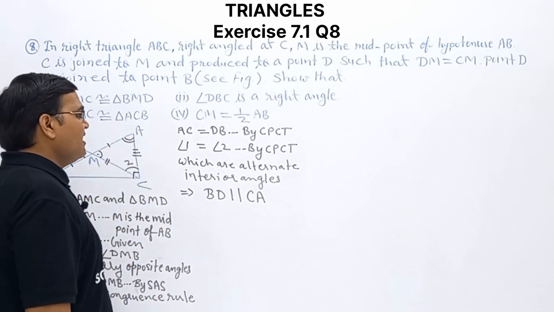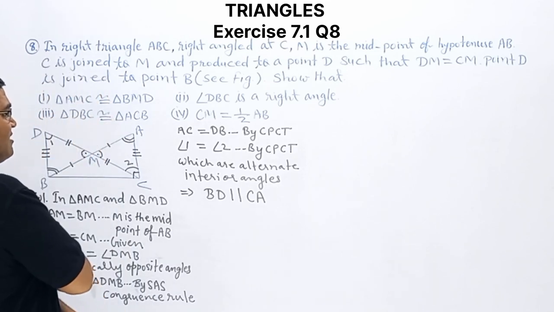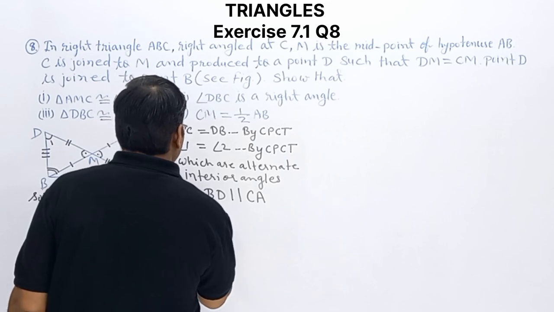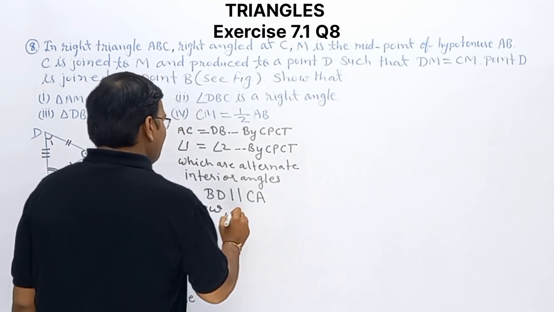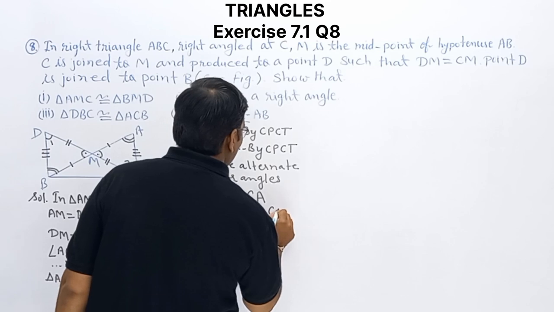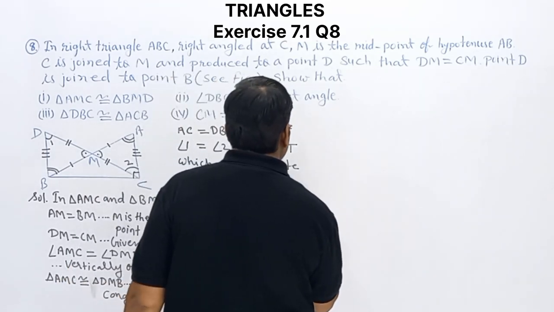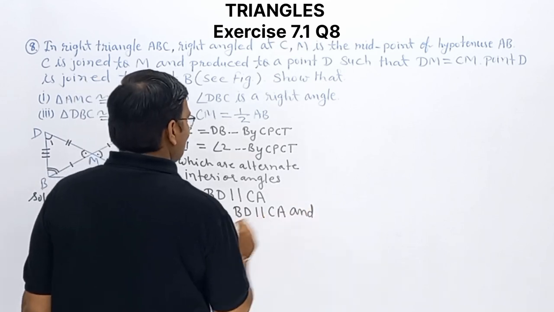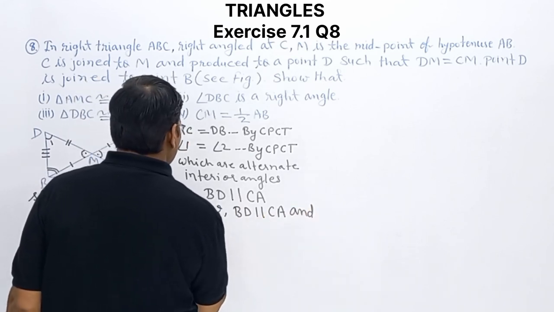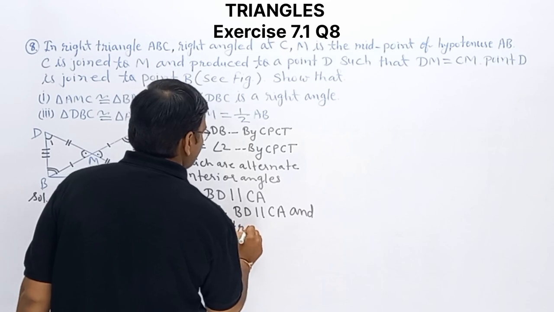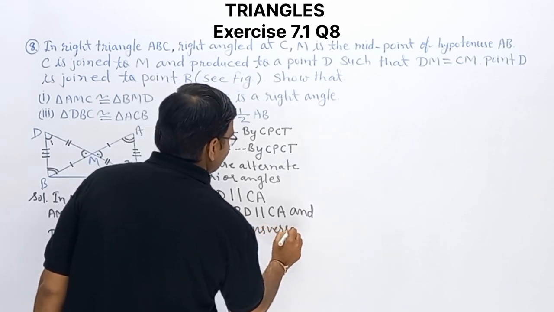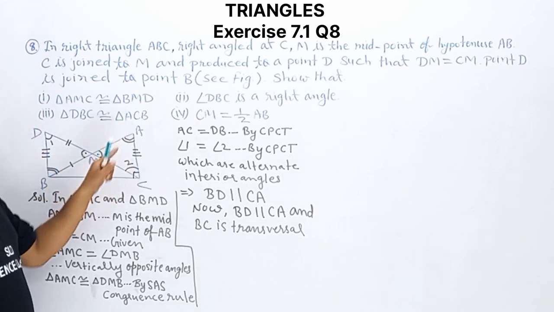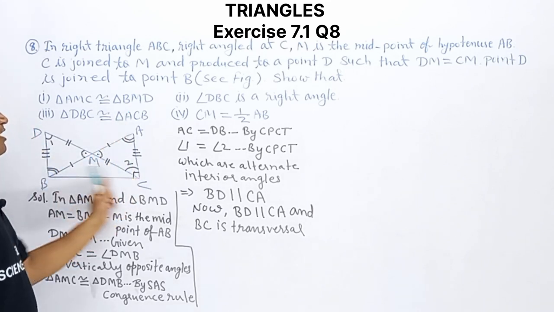Now what can we say? Observe, BD is parallel to CA and BC is a transversal. Observe what I am writing. BD is parallel to CA and BC is transversal.